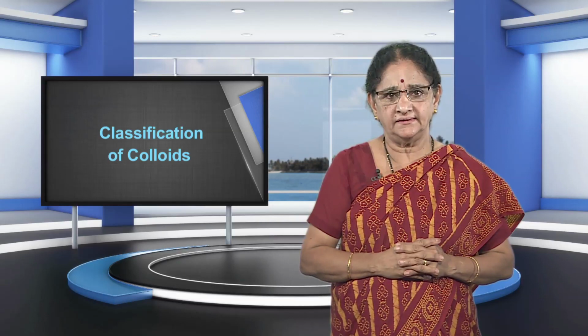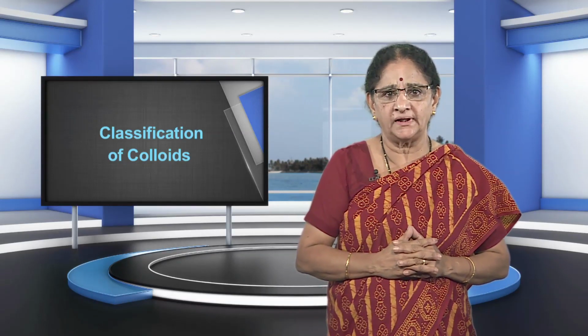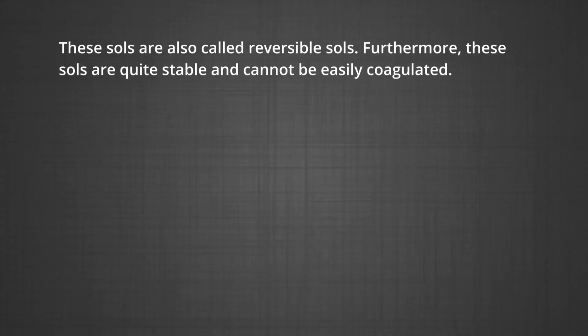An important characteristic of these sols is that if the dispersion medium is separated from the dispersed phase, say by evaporation, the sol can be reconstituted by simply remixing with the dispersion medium. That is why these sols are also called reversible sols. Furthermore, these sols are quite stable and cannot be easily coagulated, as we are going to discuss later.